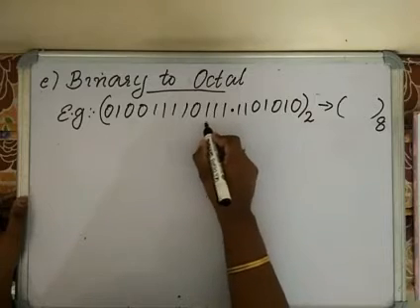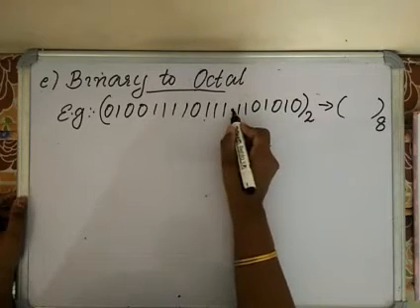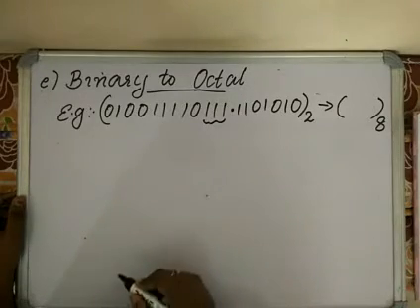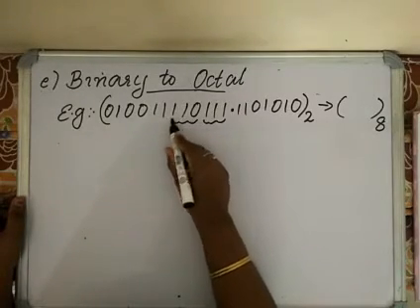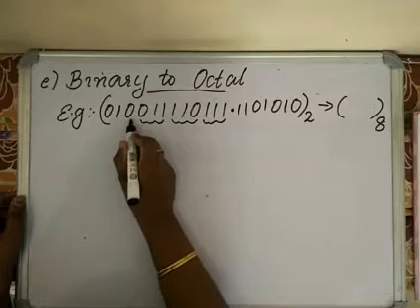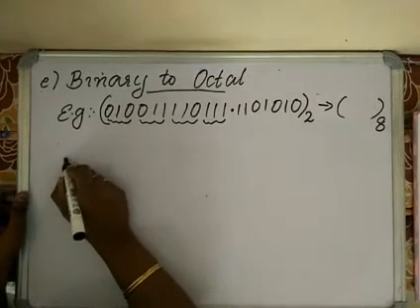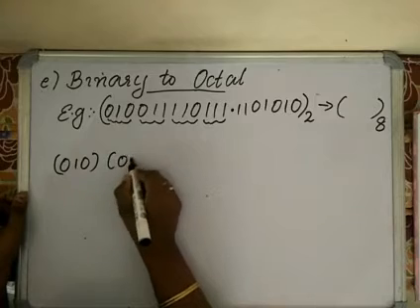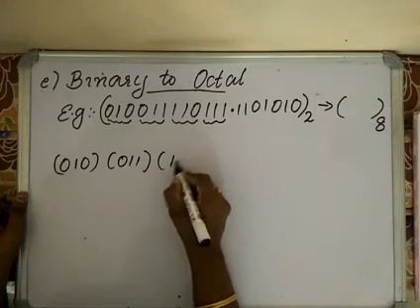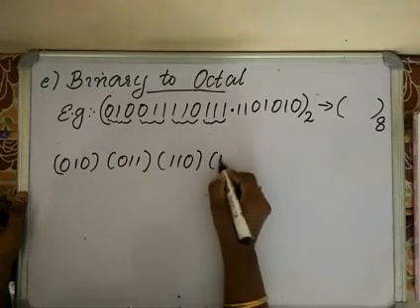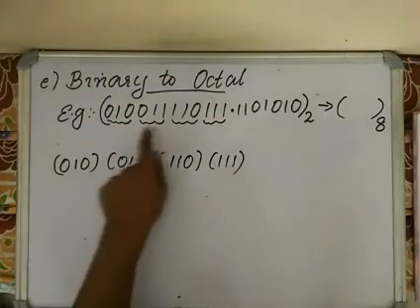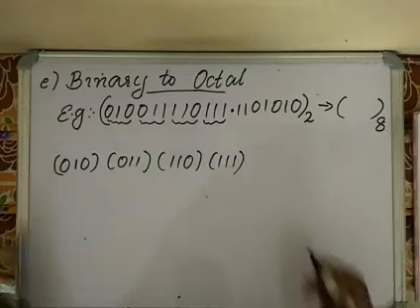Okay, so we can see the example. Starting from this decimal point, I am grouping the first 3 digits. So these are the groups: 0, 1, 0 is one group, 0, 1, 1, then 1, 1, 0, and 1, 1, 1. These are the 4 groups in this integer part.